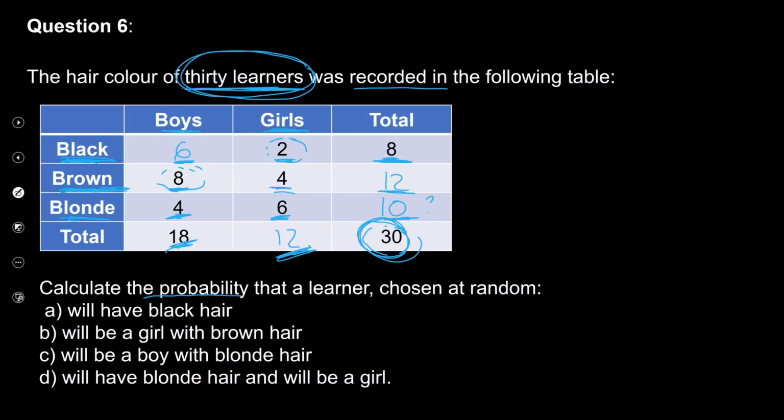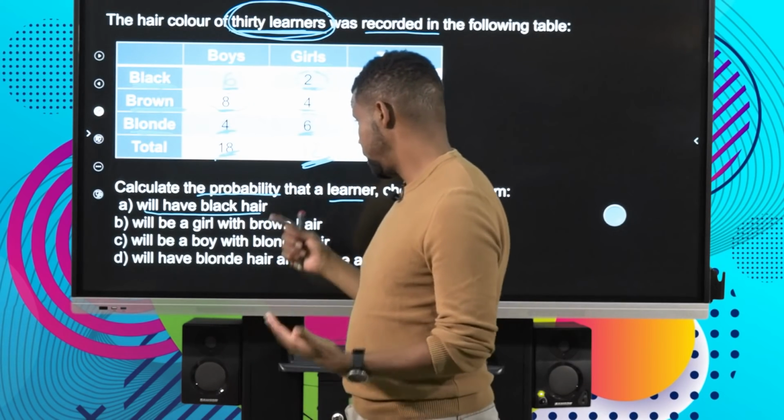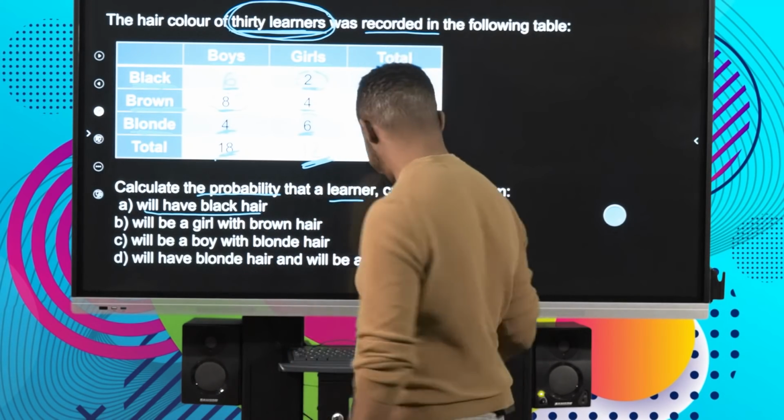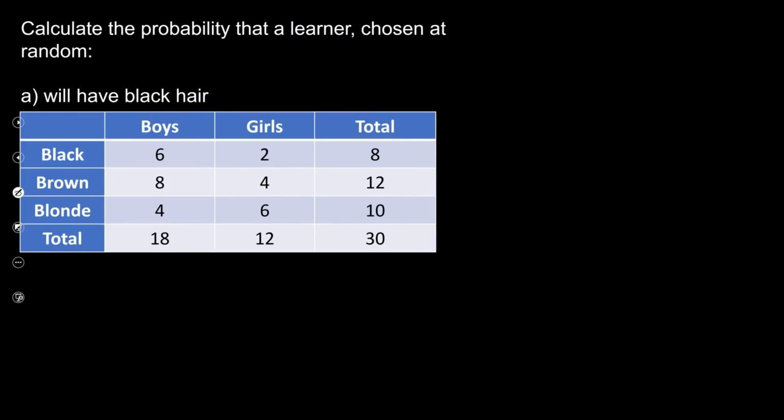Calculate the probability that a learner chosen at random will have black hair. What is the chance that if we select a learner from the 30, we'll find that the learner has black hair? Okay, let's look at this. So the table is completed here.